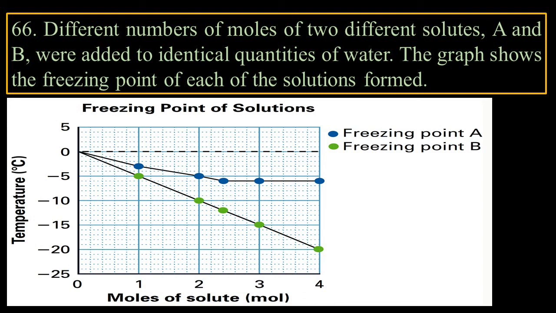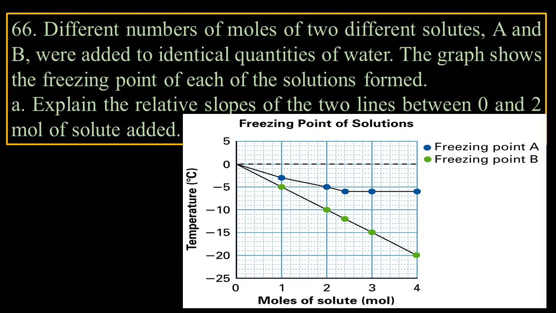Now, you can see quite easily that the one that causes the greater depression is solute B. So solute B probably is made of more ions than solute A. For instance, solute A might not even dissociate. It might be glucose, and solute B might be calcium chloride, and that may dissociate into 3 ions. Either way, solute B is going to be causing the greater depression for that particular solvent, that particular water, whatever the case may be.